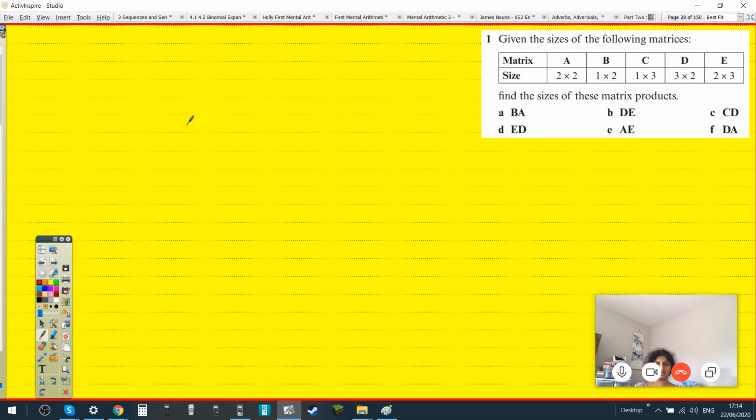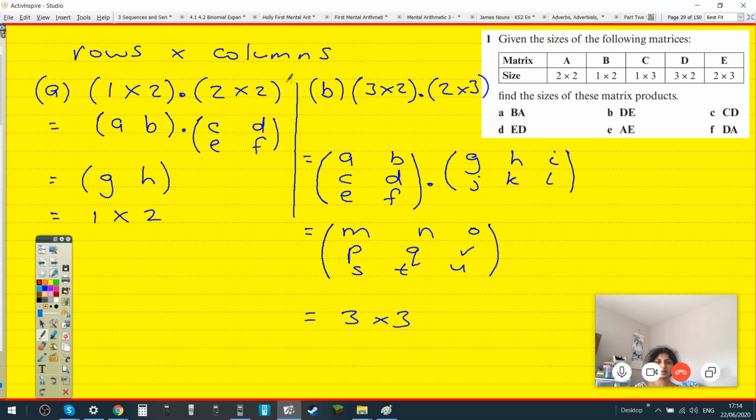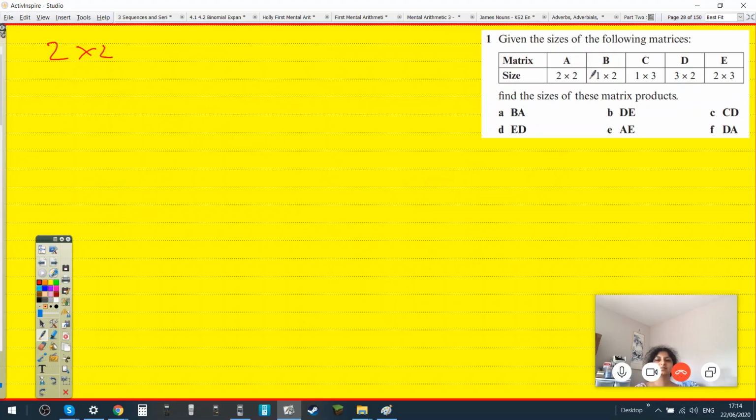So 2 times 2, first one. Let's check. So A is 1 by 2. B times A, rows times columns, I believe. Oh, rows is first. Okay, I got it now.